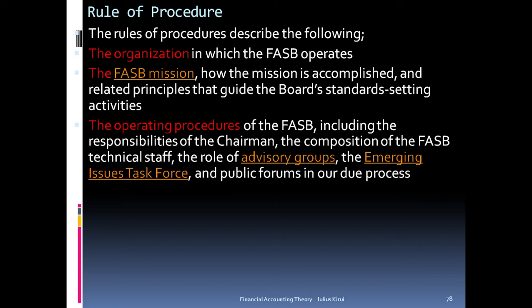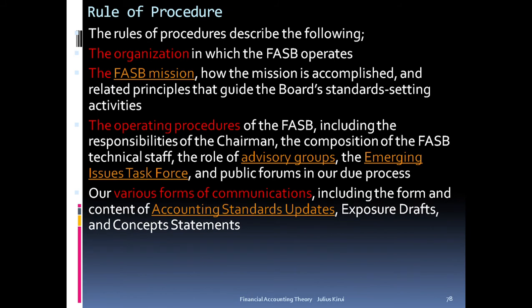These are rules which must be followed in coming up with a standard setting board. Number 4, our various forms of communication, including the form and the content of the accounting standard updates, exposure drafts, and concept statement. Again, we need to have this in place.